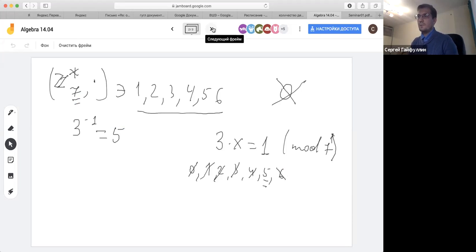So the n star consists of all elements which are not bigger than n minus 1, and such that they are coprime with n.